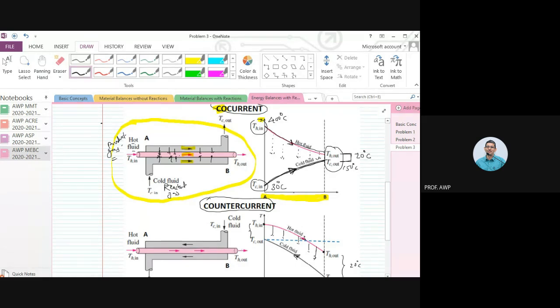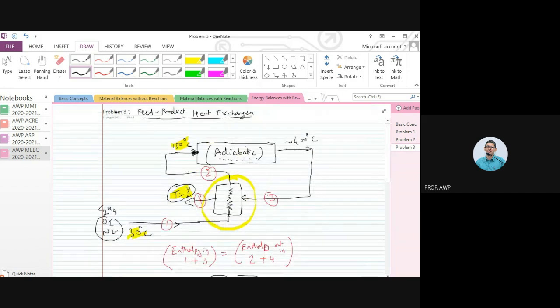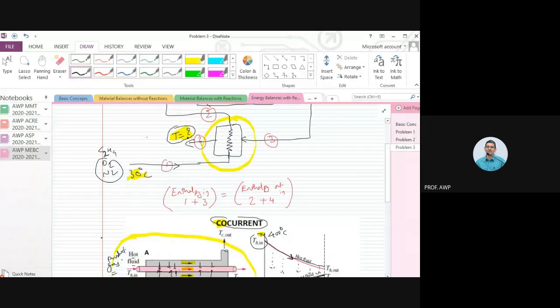The cold fluid gets heated from 30 degrees centigrade to 150 degrees centigrade for this particular application. The hot gas, 400 degrees centigrade, let's say it gets cooled down to, what temperature was there? What was the temperature? 279. Let's say 280 degrees centigrade.